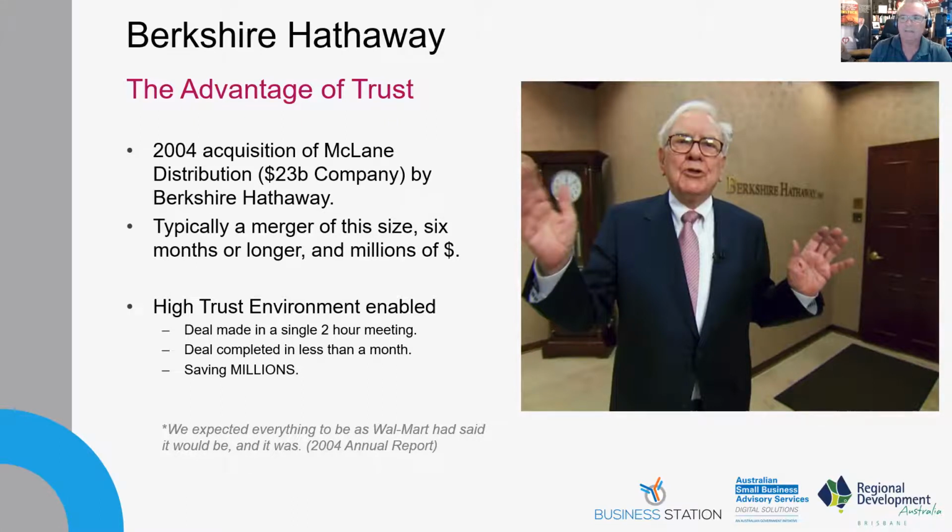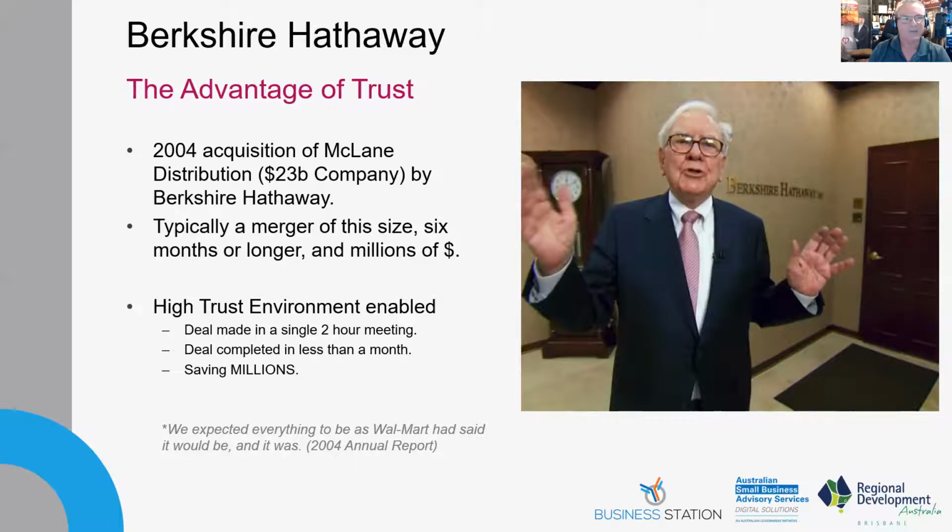Let's face it, Warren Buffett is not a dumb man. He's one of the richest business people in the world for reasons. For him to be able to do this acquisition from Walmart in that time indicates the level of trust that they have. The interesting thing is that in the 2004 annual report from Berkshire Hathaway, they made mention of the acquisition.